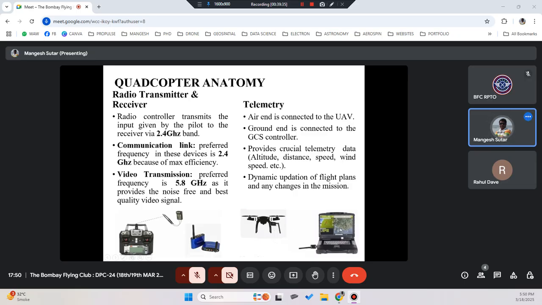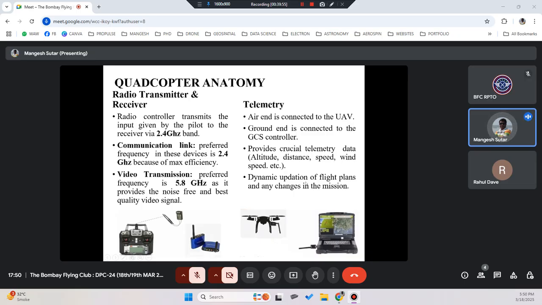From here you can upload your mission into the drone, and then the drone can perform all the maneuvers at the locations, and simultaneously it will be providing crucial telemetry data like altitude, distance, speed, wind speed, temperature, and all sorts of things.